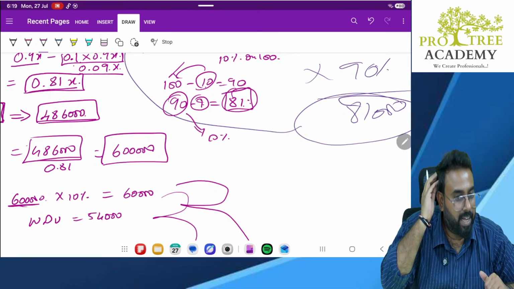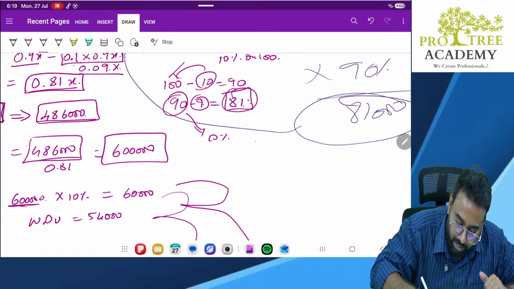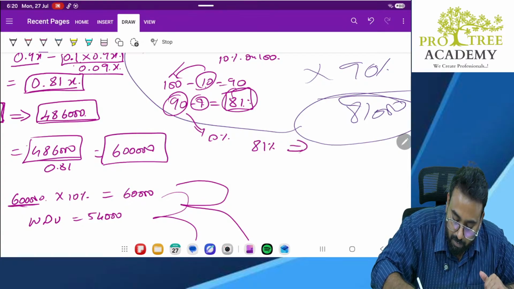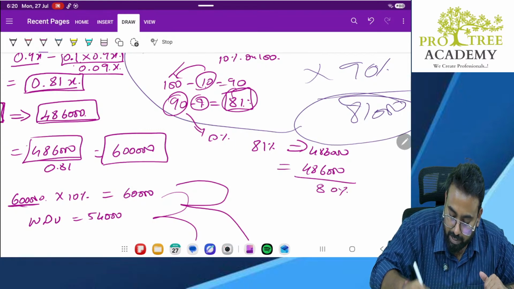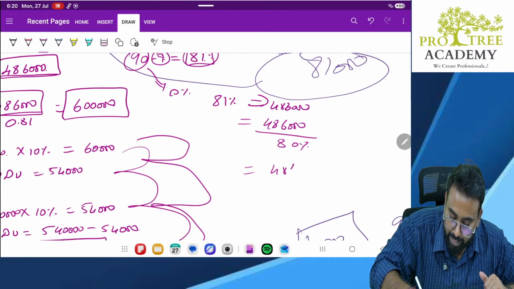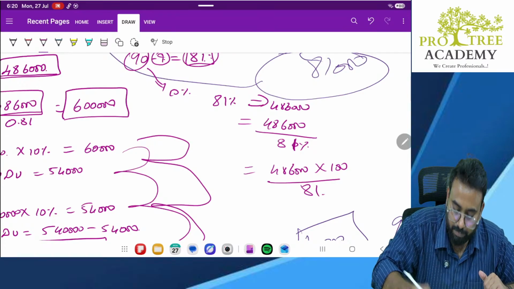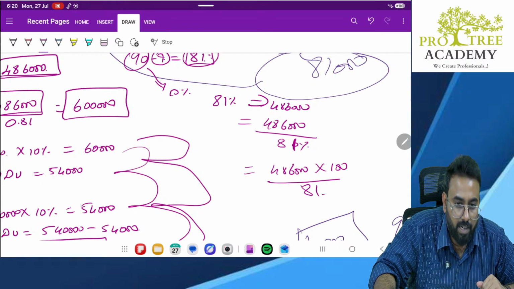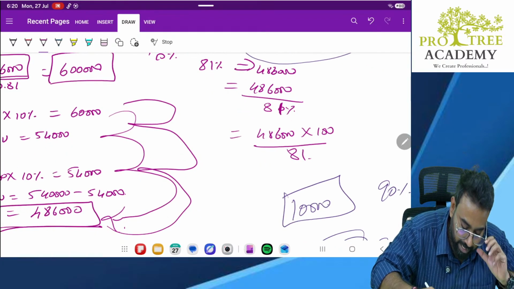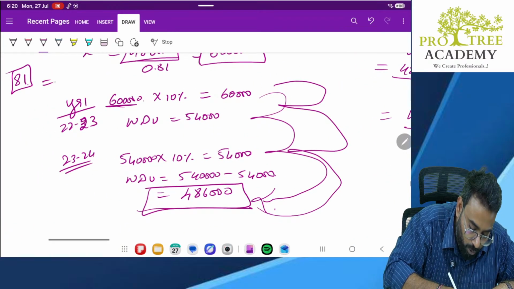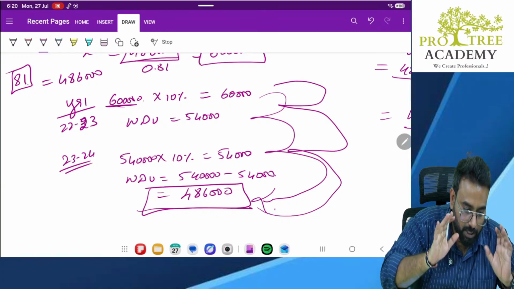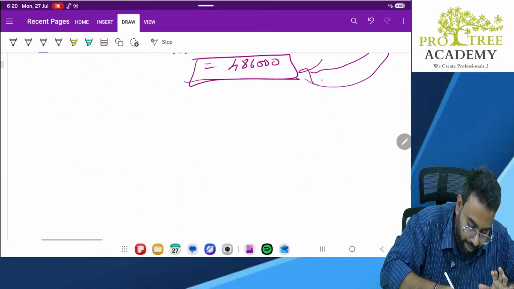So, how do you calculate 100%? Simple, sir. Divide it by 81%. 4,86,000 divided by 81% is nothing but 4,86,000 into 100 divided by 81. Yes, hope everybody is understanding. Sir, cross multiplication, please understand.